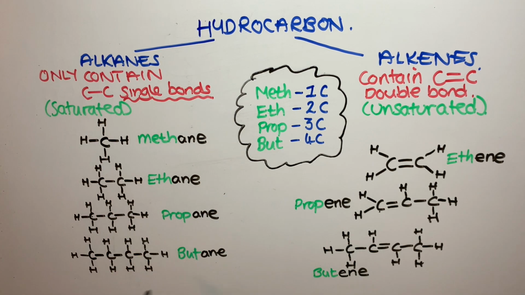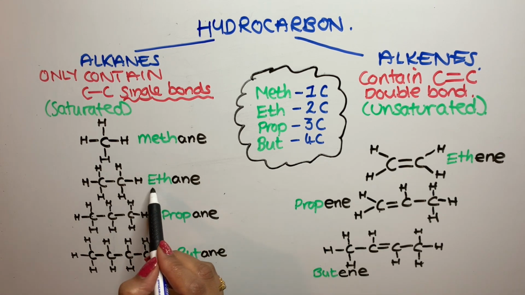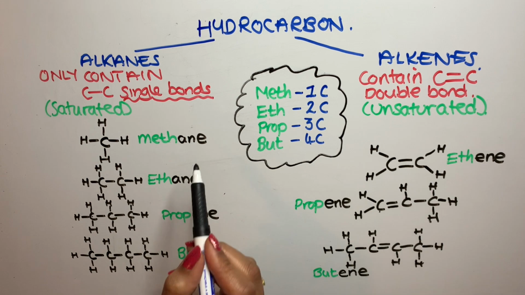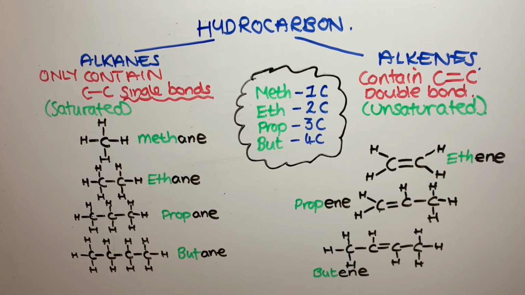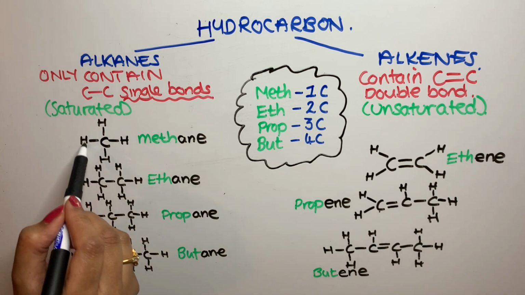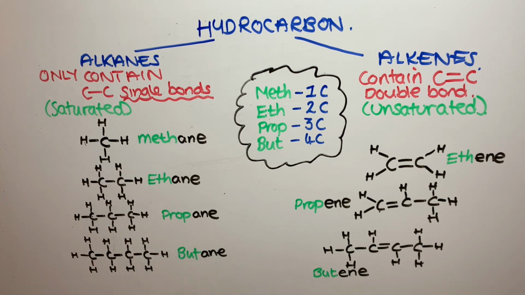And then with my alkanes, butane means an alkane made up of 4 carbon atoms, an alkane made up of 3 carbon atoms, an alkane made up of 2 carbon atoms, and an alkane made up of 1 carbon atom. So we've got the displayed formulas where we've drawn it all out. We have our names.